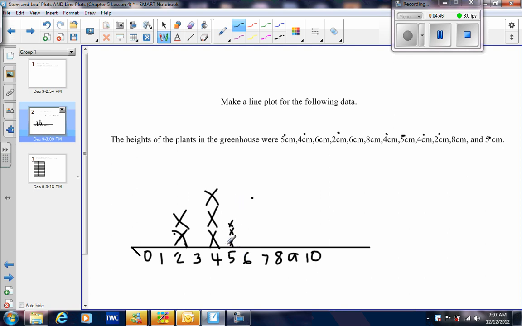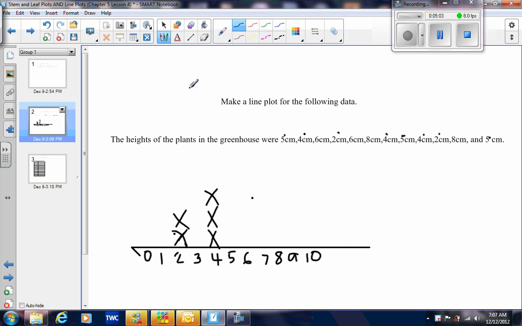The 4 looks way, way taller than the 5 does. So if you don't have lines, like I don't here, it's important to make sure that your X's end up being the same size.